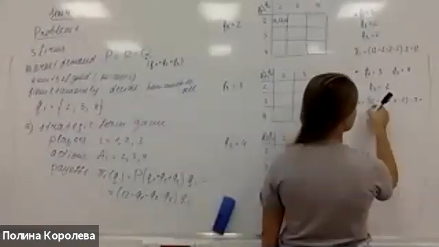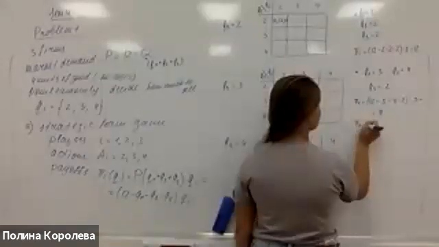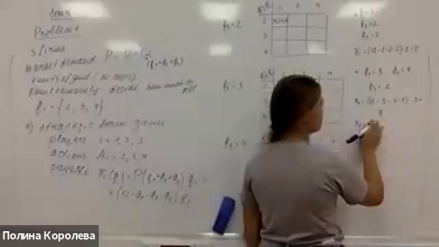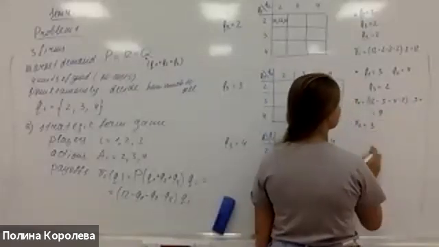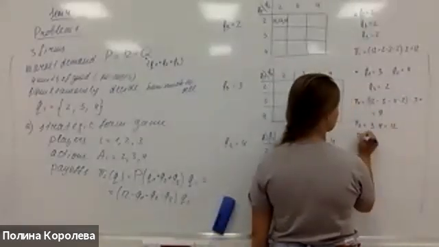It is 3 multiplied by 3, 9. Of the second player, the price is the same, 3, multiplied by 4, it's 12.